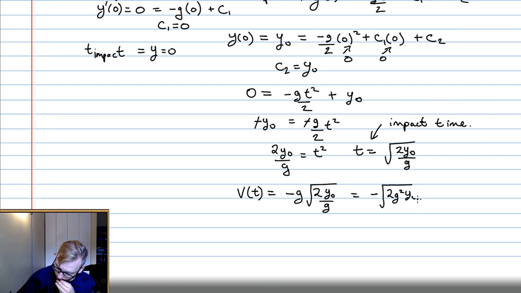And we've got y0 over g. One cancels out with the other, so our impact velocity is negative square root of 2gy0. There we go.